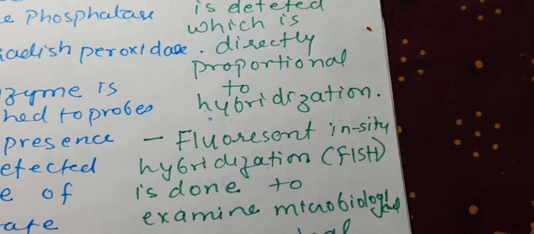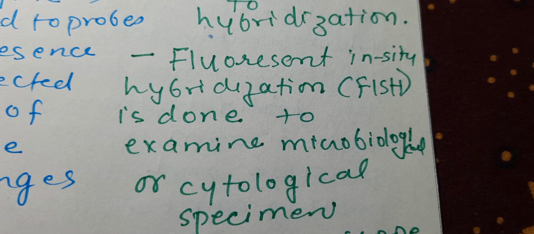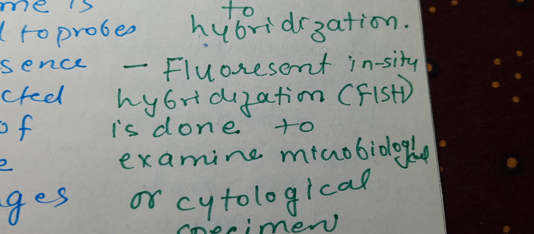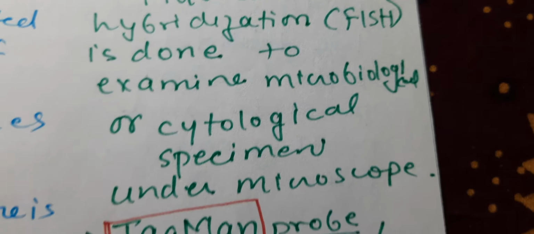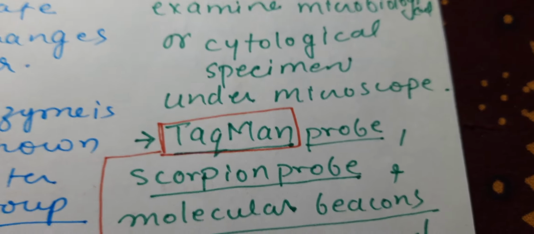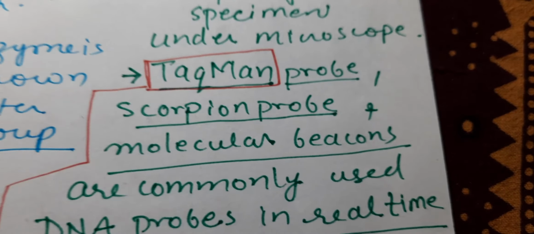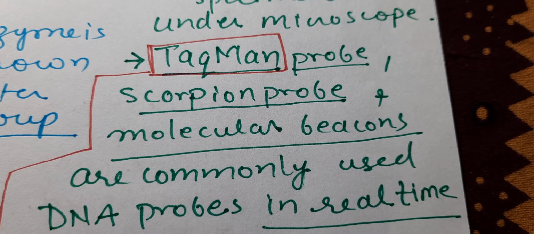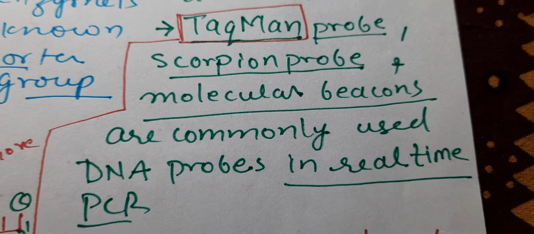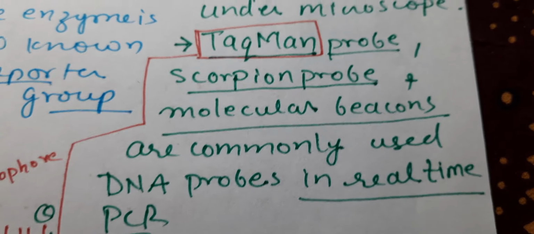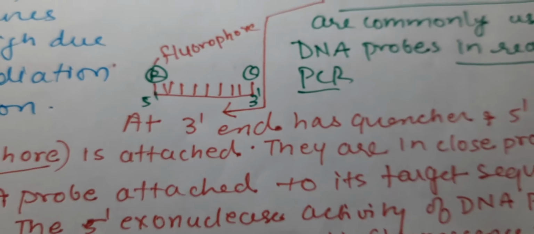Fluorescence in situ hybridization, that is FISH, is done to examine microbiological or cytological specimens under a microscope. Some of the fluorescent probes are the TaqMan probe, Scorpion probe, and molecular beacon, which are commonly used as DNA probes in real-time PCR. We'll just discuss the TaqMan probe.